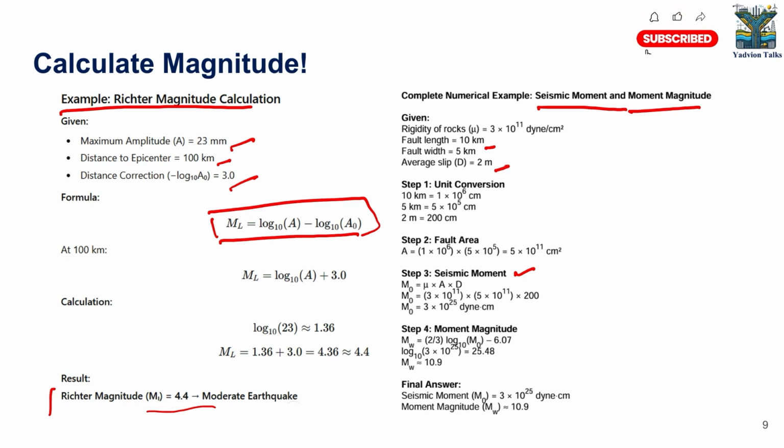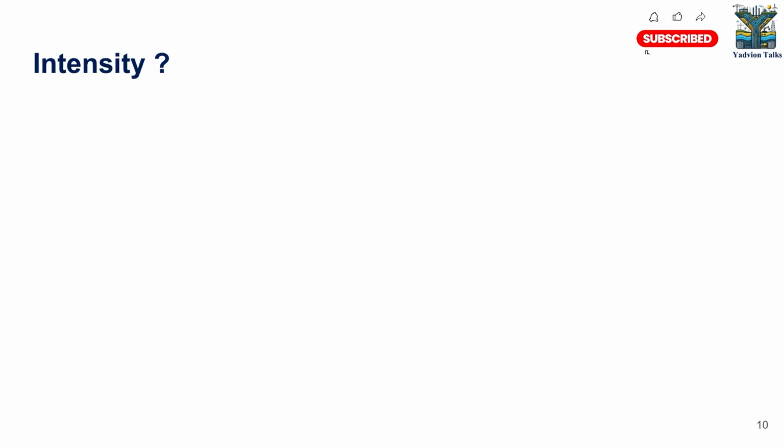So we convert all the units into the same SI unit or any recommended unit, centimeter. Next, calculate the fault area. Next, calculate the seismic moment. Next, the moment magnitude. So this is one method to calculate the moment magnitude of an earthquake.